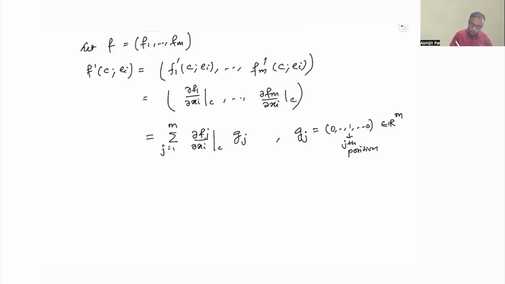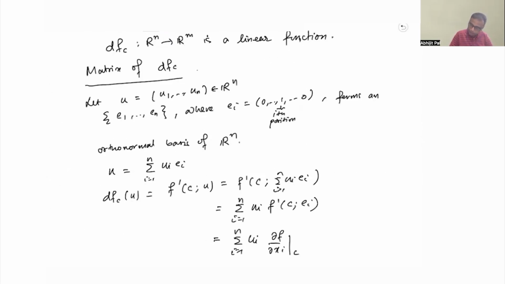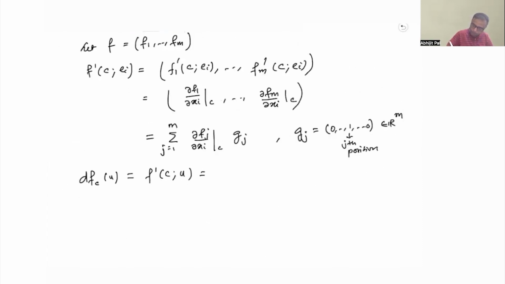Therefore this df_c(u) is equal to f prime c(u), which is again this linear combination. From here you will get this double summation: the partial derivative times ui ej. This is obtained from equation star.